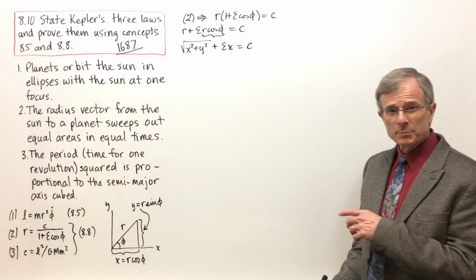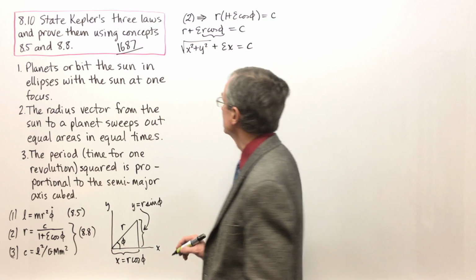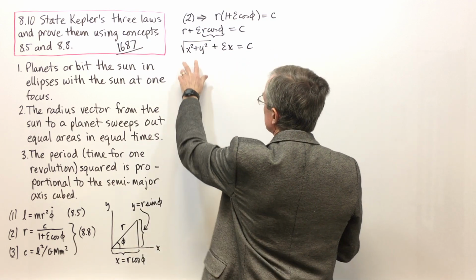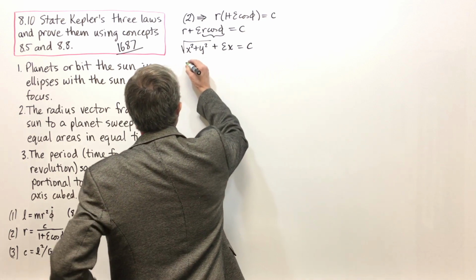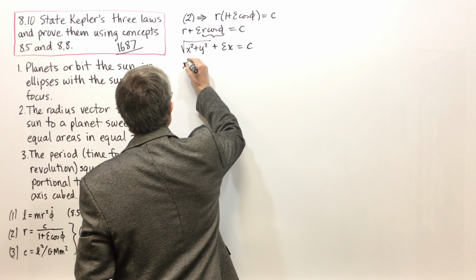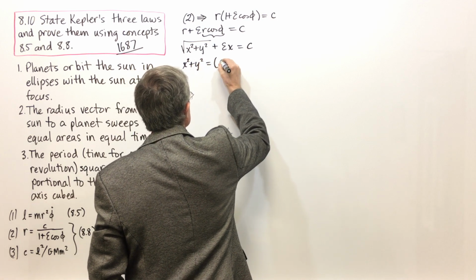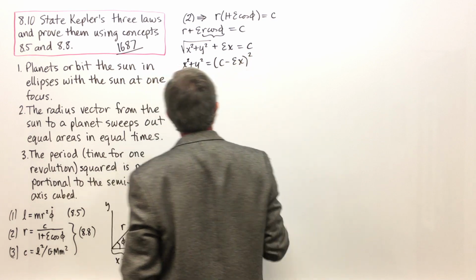I'm going to subtract epsilon x from both sides and then square both sides. So on the right side I get c minus epsilon x, on the left side I get the square root of x squared plus y squared, then square both sides, and I get x squared plus y squared equals (c minus epsilon x) squared.